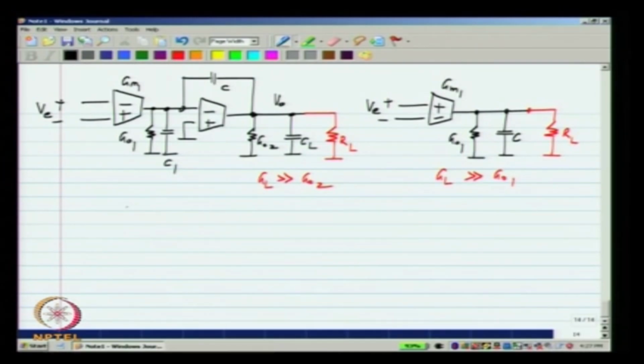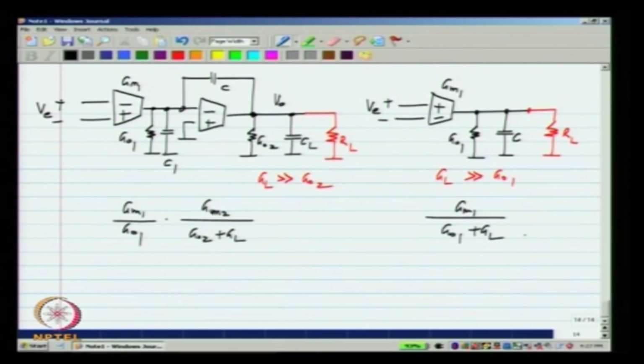So, the DC gain in this case will be GM1 by GO1 times GM2 by GO2 plus GL. Similarly, here the DC gain will be GM1 by GO1 plus GL, and GL will dominate GO1, GL will dominate GO2 there. Okay. Now, clearly you can see the problem here.